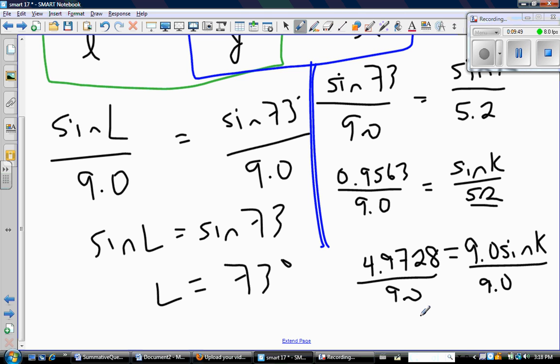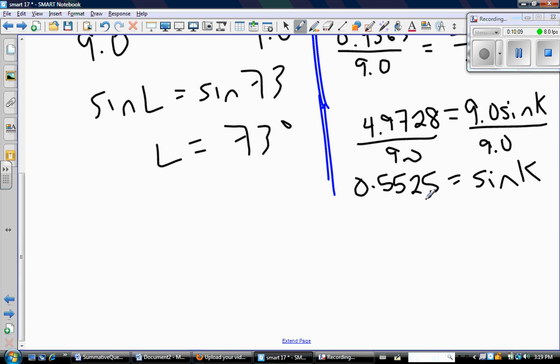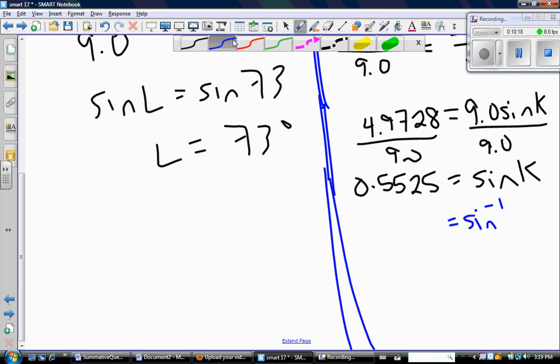So 4.9728 divided by 9. That's going to give me 0.5525 equals sine k. And now one more step to solve for k. So if I have sine k and I want to get rid of it, it means I need to do inverse sine because that's the opposite of sine.